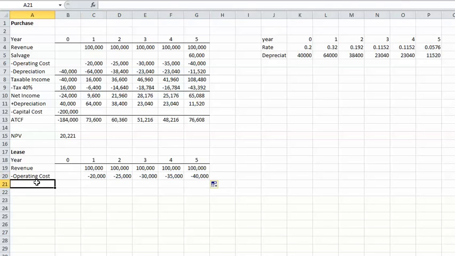And then we are going to have lease operating payments, which is going to be $50,000 with a negative sign from year 1 to year 5.